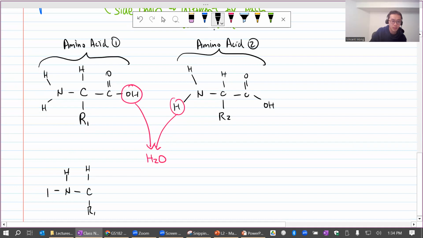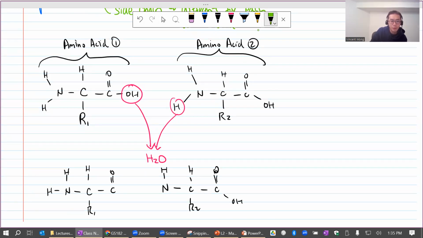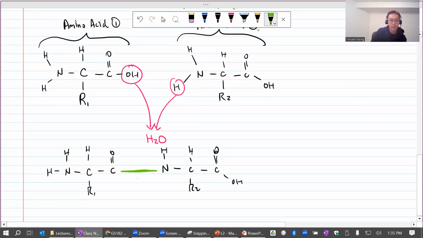You can just watch. Once you remove the H and the OH, then you can create a new bond that connects them, right? So this is called a peptide bond.